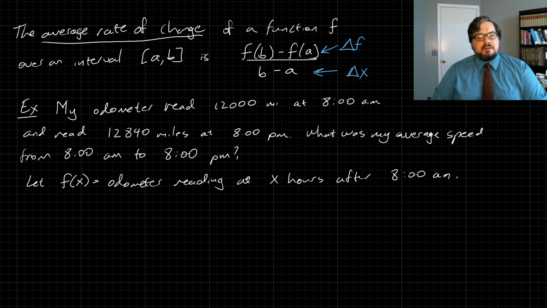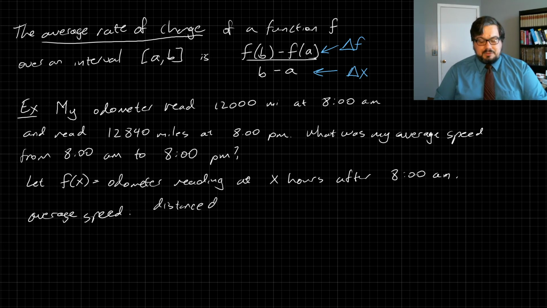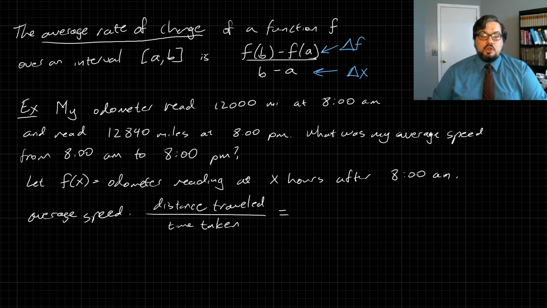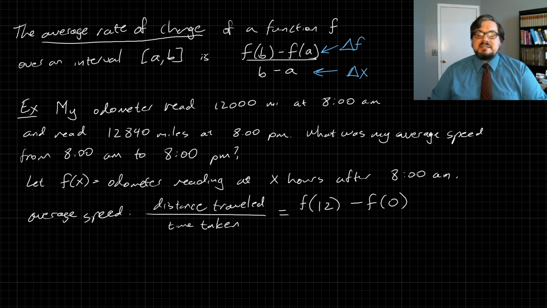So our average speed here is going to be the distance traveled divided by the time taken. And one way that we could write that down is the following. The distance traveled is going to be the distance in the odometer readings between the beginning of the trip and the end of the trip.